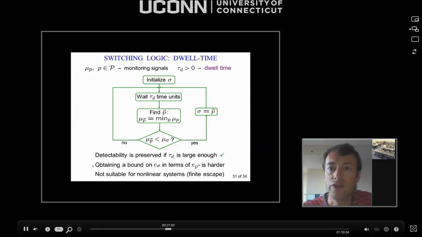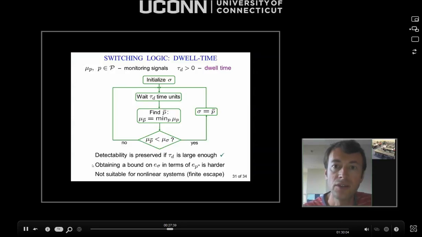So in general, the way that you may think why dwell time switching logic is not very suitable is because in practice, I would say that imposing a hard bound on the inner switching intervals is not a good idea, because if something unexpected happens, so if the performance goes below the bar that you want to enforce before the dwell time has elapsed, you have no mechanism to correct that. So this dwell time switching logic is, so to speak, too inflexible for practical purposes in many cases.